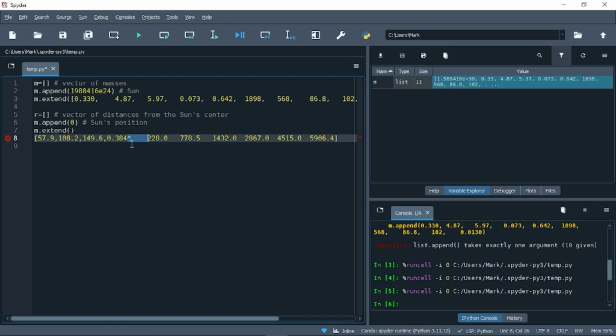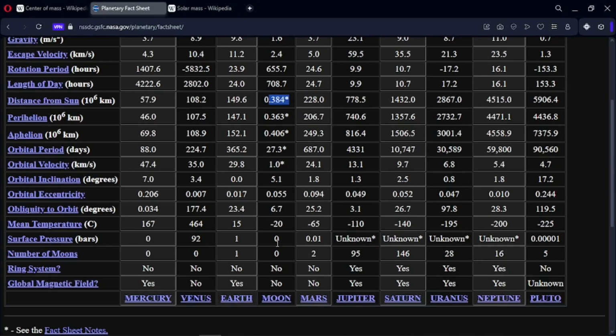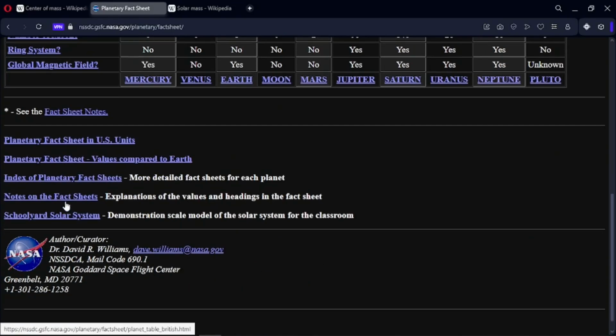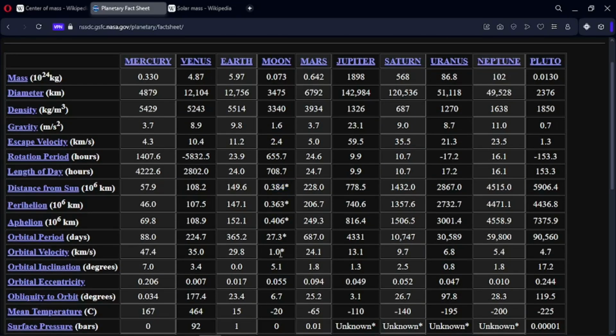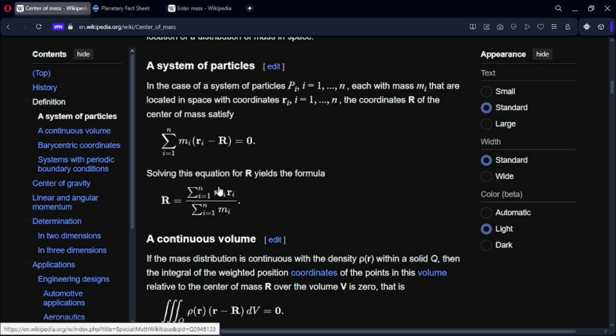There's a small comment here. Of course, this is the Moon, maybe it's an average. Actually, we are approximating, but what we are calculating here is the barycenter, aka the center of mass, which is a weighted average, weighted over the masses.